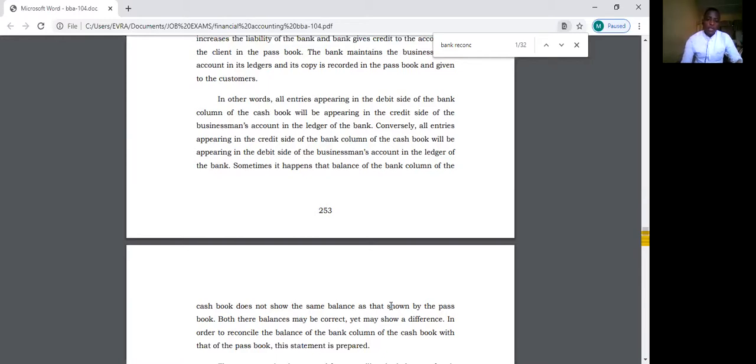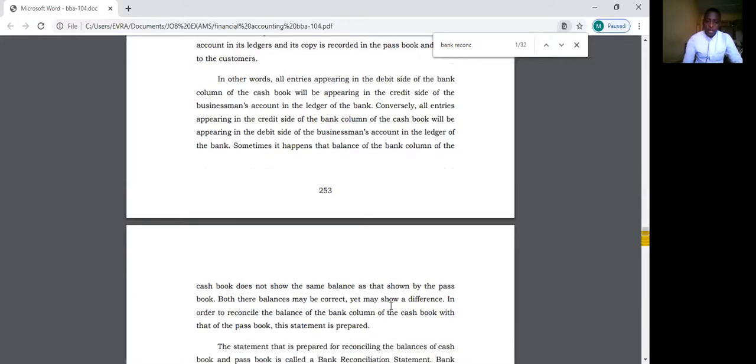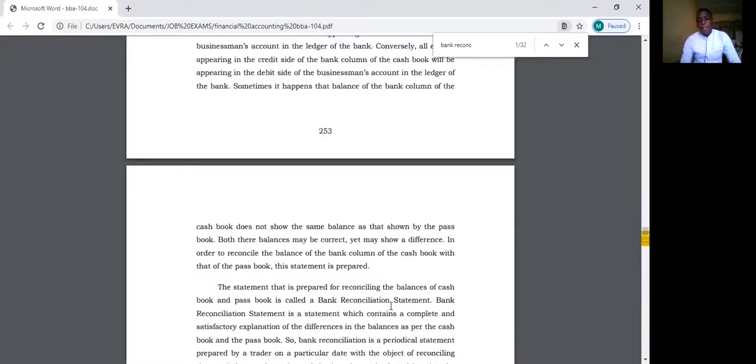In order to reconcile the balance of the bank column of the cash book with that of the passbook, a statement is prepared. The statement that is prepared for reconciling the balances of the cash book and the passbook is called the bank reconciliation statement. Do you understand, my friend?